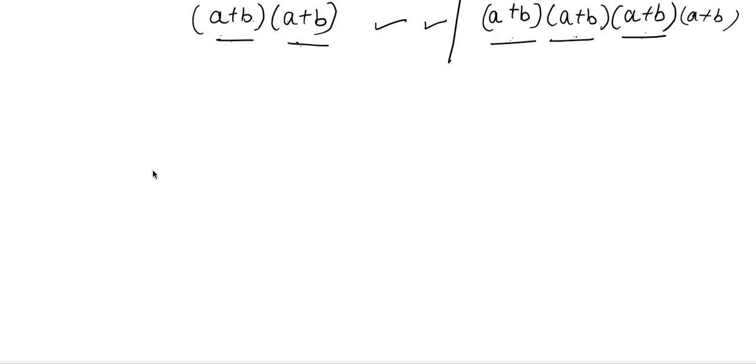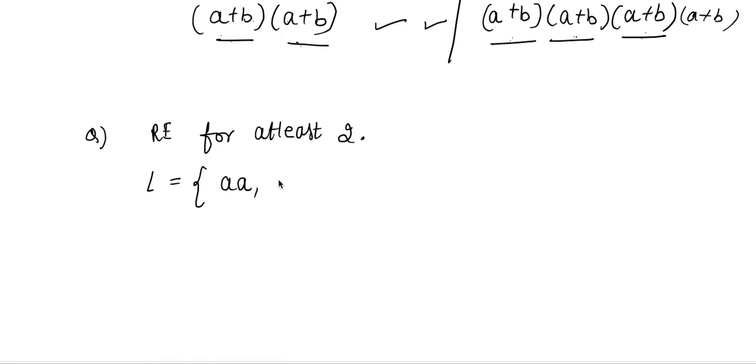Let's see one more example: the regular expression for strings of length at least 2. At least 2 means, see, what is the language present in it? aa, ab, ba, bb, aaa, and so on.